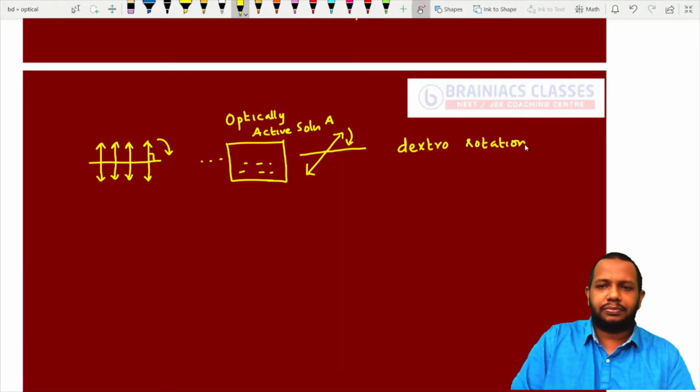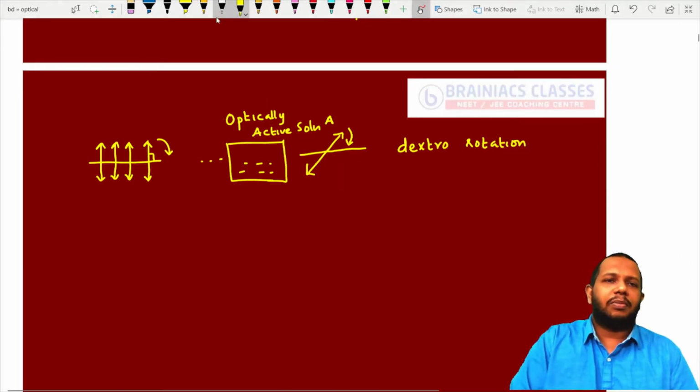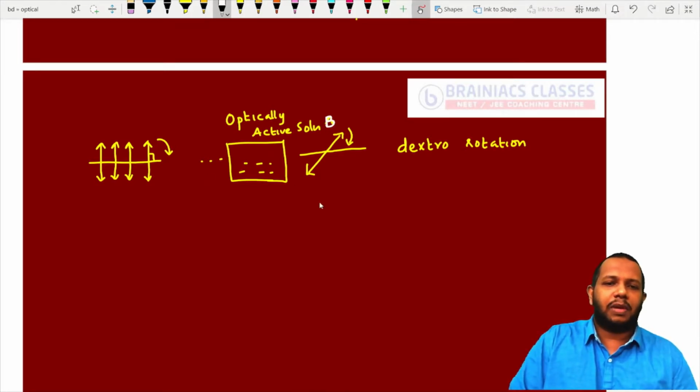Now suppose we pass this through another solution, say solution B. The plane polarized light may get oriented towards another direction. Initially it was at 90 degrees, and now it has moved in this direction. It has moved towards the left, so it is called levo rotation.